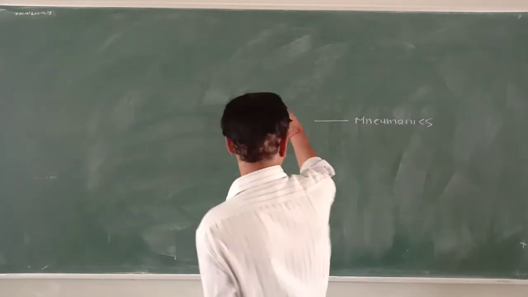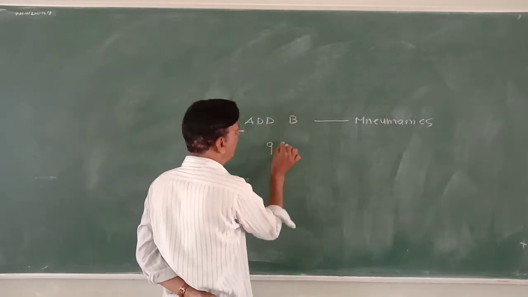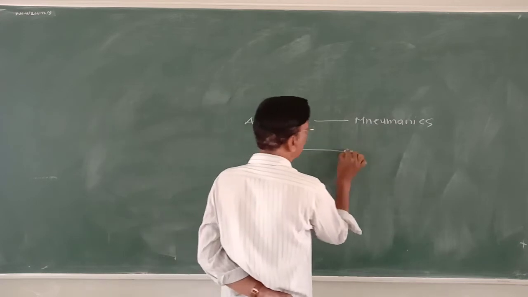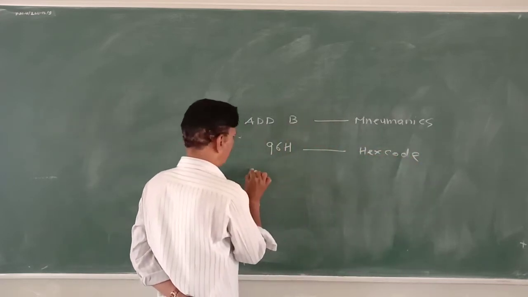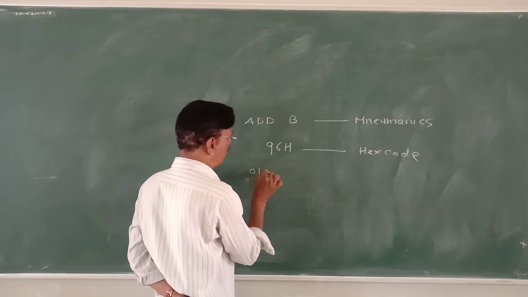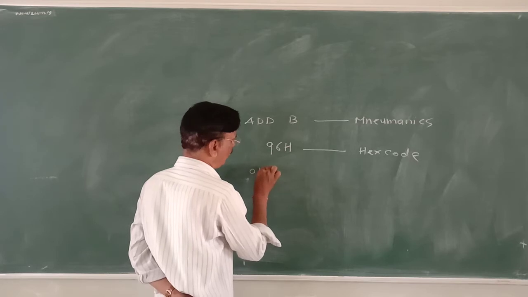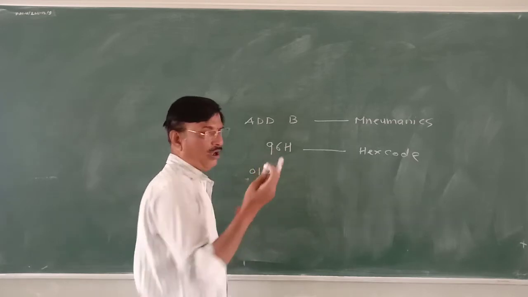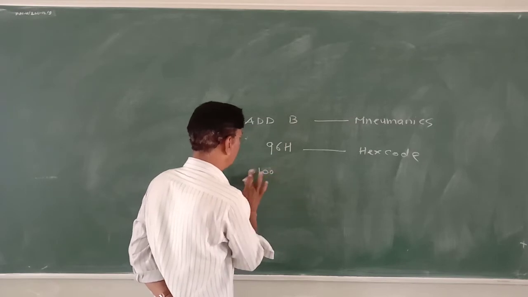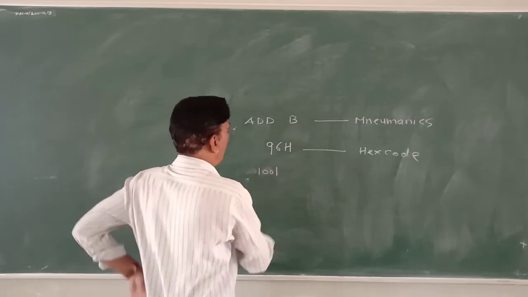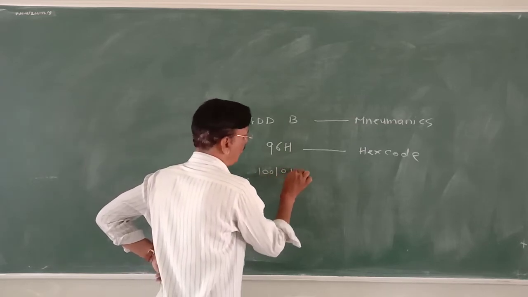But how is the instruction? Suppose the instruction is 96H, hex code. And 1001 0110, nine is 1001, six is 0110.